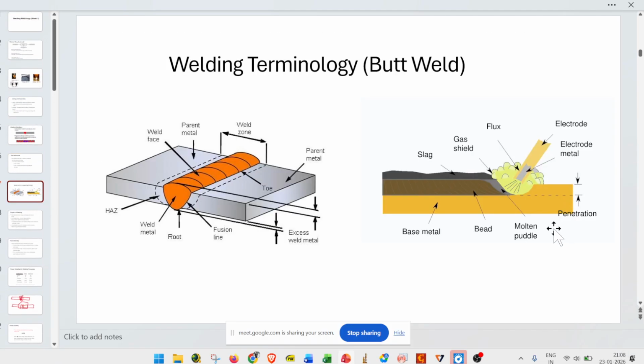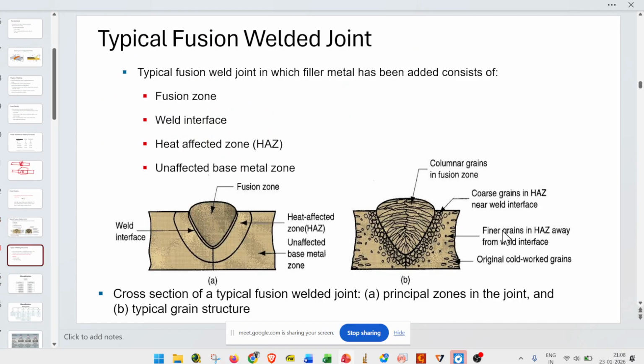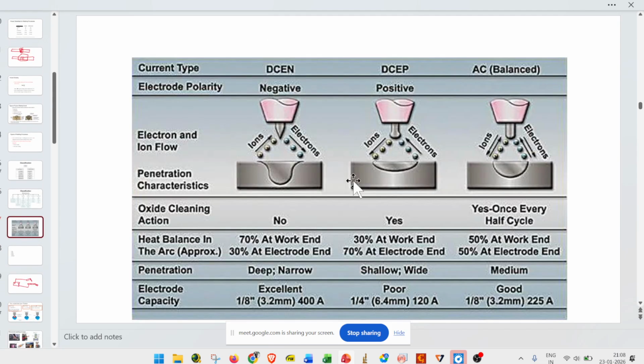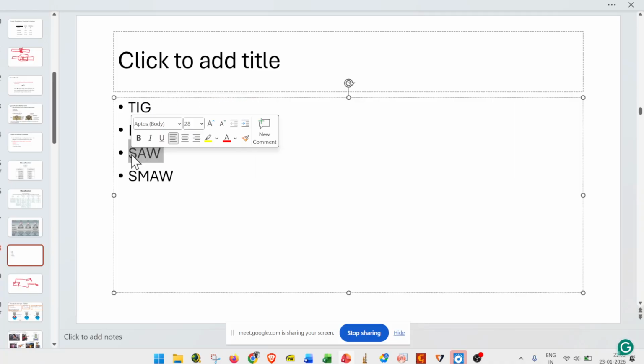Suppose, see here, this comes under SMAW. Here you can see I have written four classifications. One is TIG, tungsten inert gas welding. MIG, metal inert gas welding. SAW, submerged arc welding. Fourth is SMAW, shielded metal arc welding.